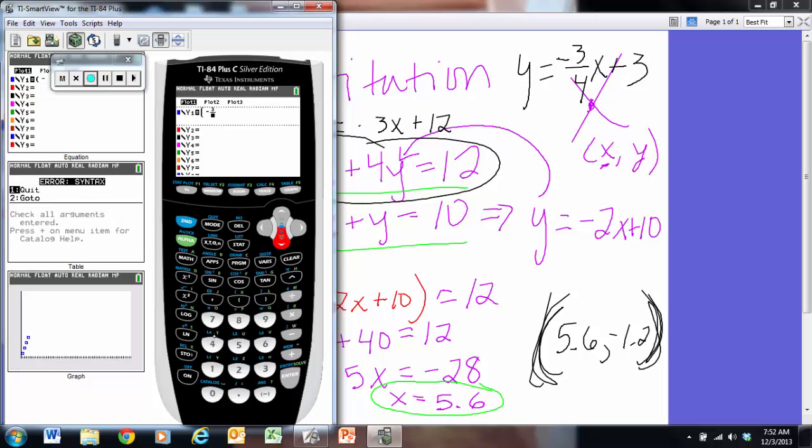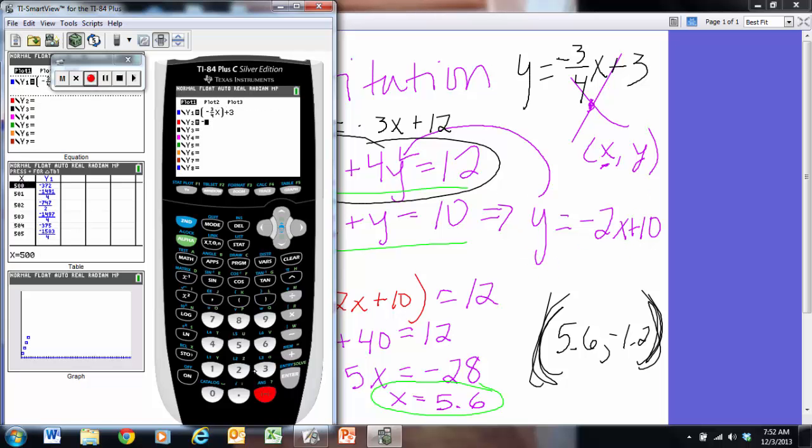Negative 3 divided by 4 x. So I didn't really need the parentheses because I used my fancy fraction button, plus 3. In the other equation, we solved it right here, negative 2x plus 10. And it says I have a syntax error, but I don't know what that would be.